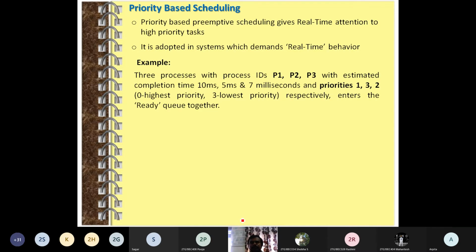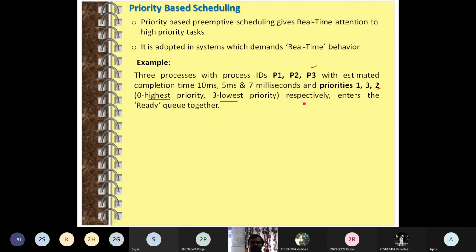Priority 1 for P1, priority 3 for P2, and priority 2 for P3. Not only completion time, but priority is allocated for each individual process. Here 0 means high priority, and above 0 means lower priority.